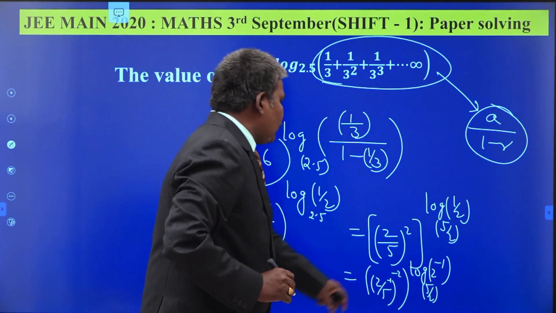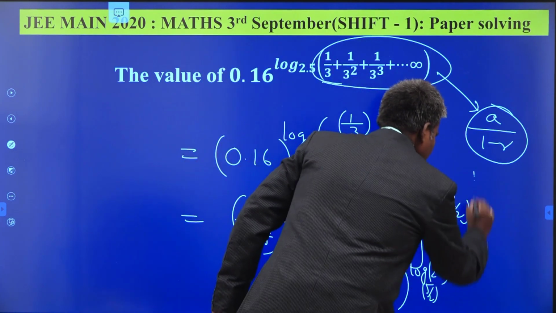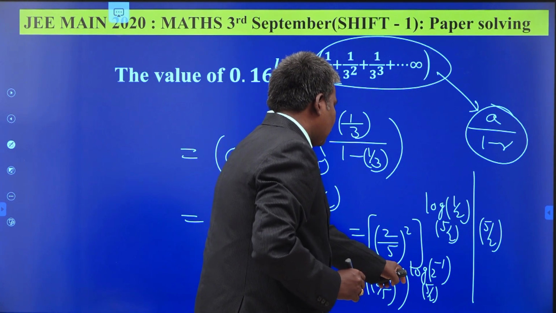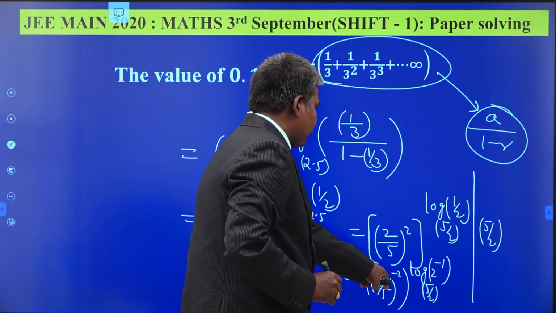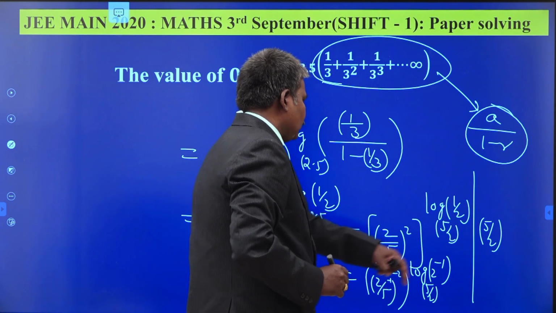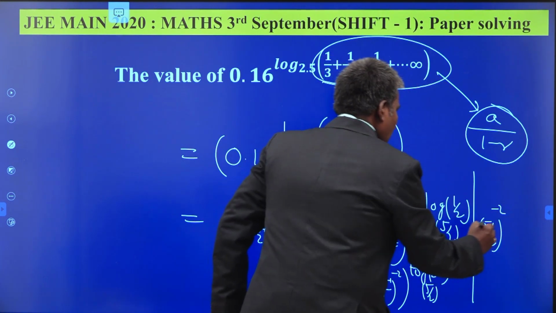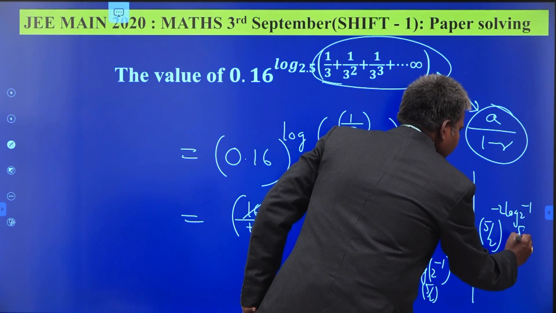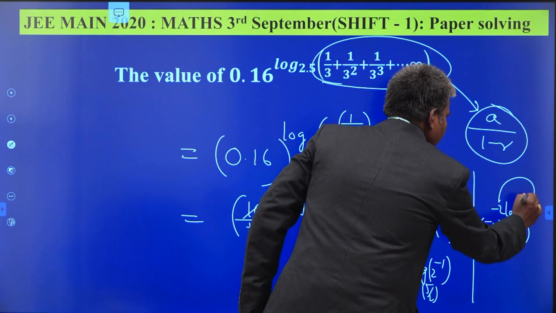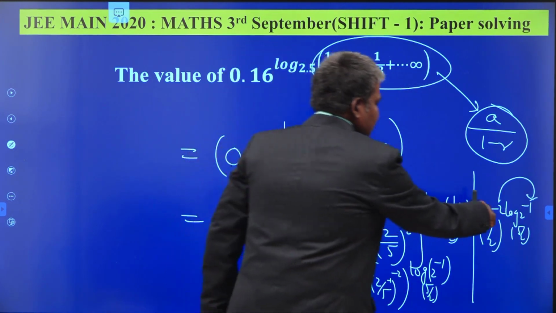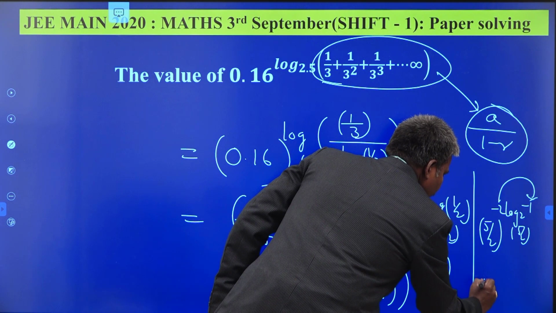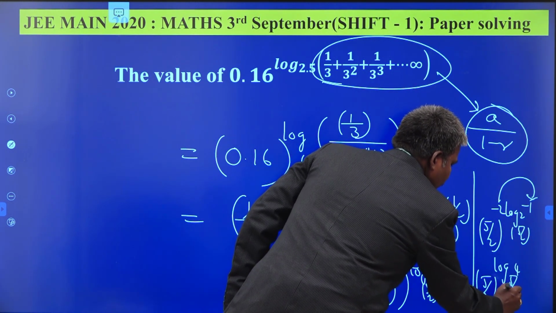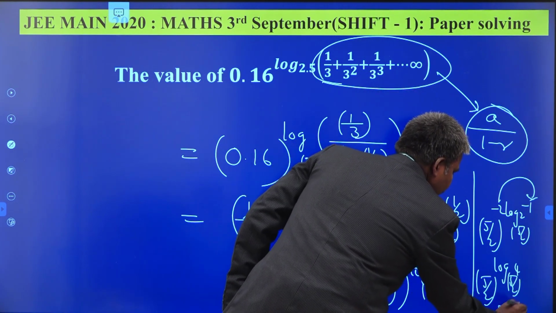This is nothing but 5 by 2 power, and 2 by 5 power minus 1 is nothing but 5 by 2 power minus 2, log 2 power minus 1 to the base 5 by 2. So when you take minus 2 as power, this is nothing but 2 square. So 5 by 2 power log 4 to the base 5 by 2. This is nothing but 4.